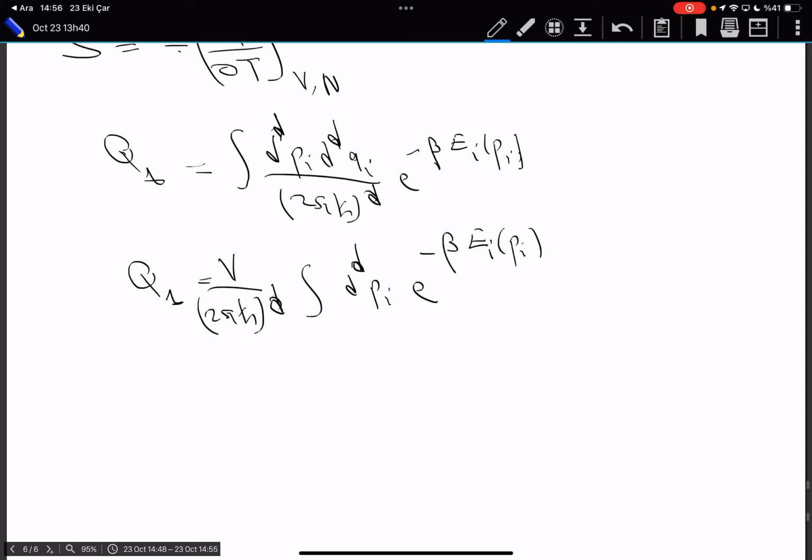Or you can be asked what happens when you are looking at a non-relativistic gas, in which case epsilon of p will be p squared over 2m. Or you can be asked what happens if you are looking at a highly relativistic gas.